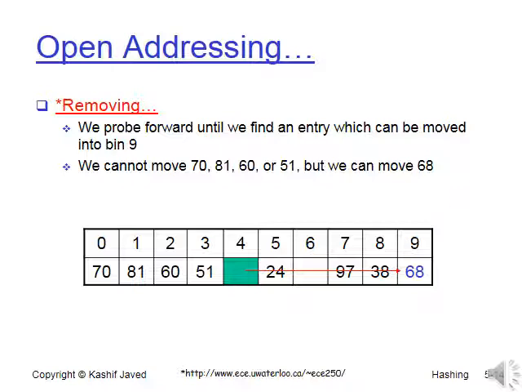We cannot move 70, 81, 60 or 51, but we can move 68 since 68 checked bin 8, then 9, then 0, then 1, then 2, then 3, and finally bin 4 where it was inserted. Due to 68 checking bin 9, we can pick 68 from bin 4 and drop it in bin 9.